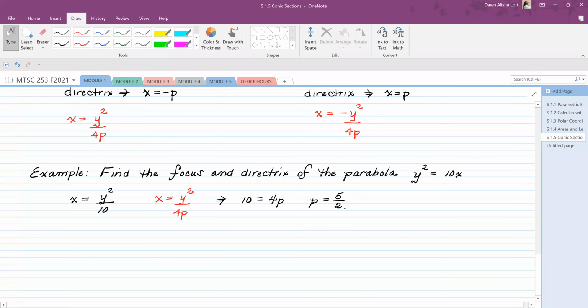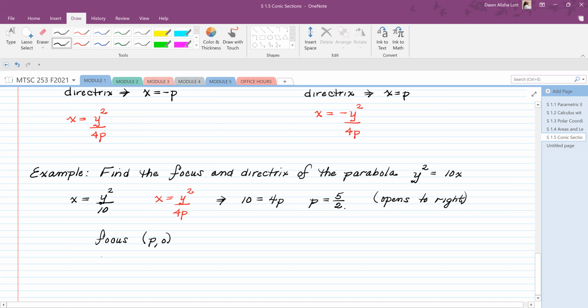Since this is a parabola now opening to the right, okay, so it's an x parabola, so it opens to the right, then I know that my focus is also on the right. So that's going to be p, 0.